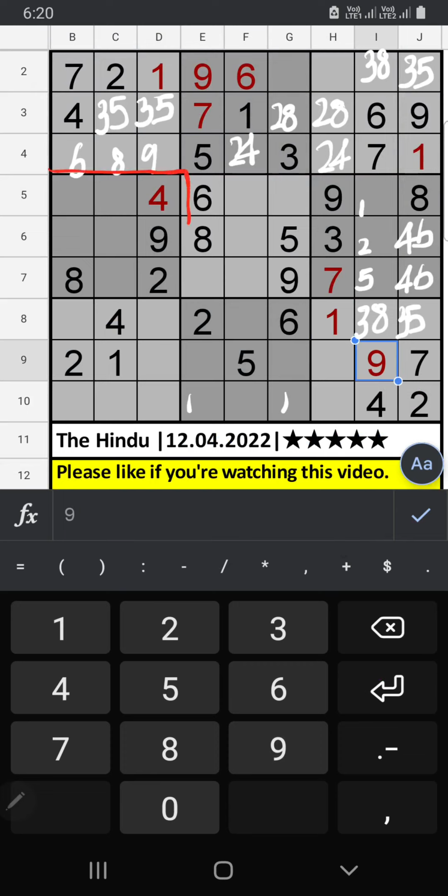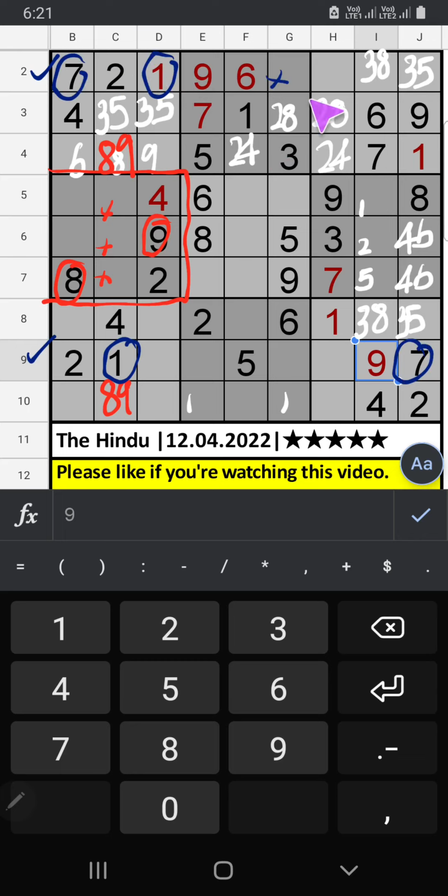Sixth grid, we have 8 and 9. So 8 and 9 can't come in these cells. It will come in any one of the two cells. We will confirm later. Second row and 9th row, we have 1 and 7.